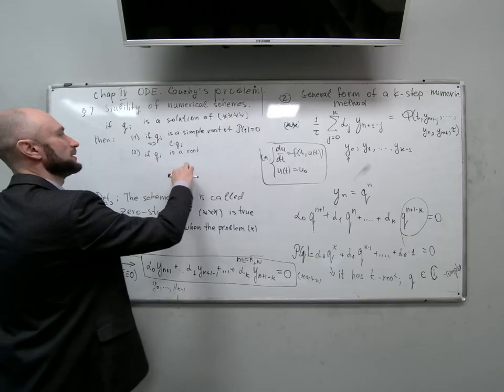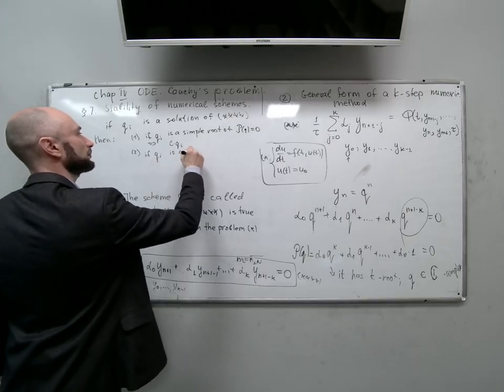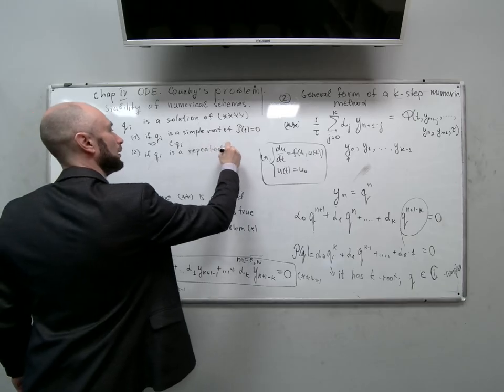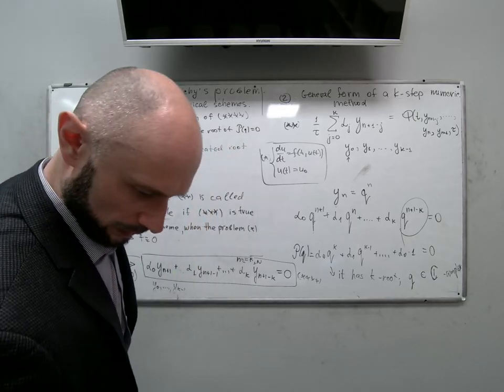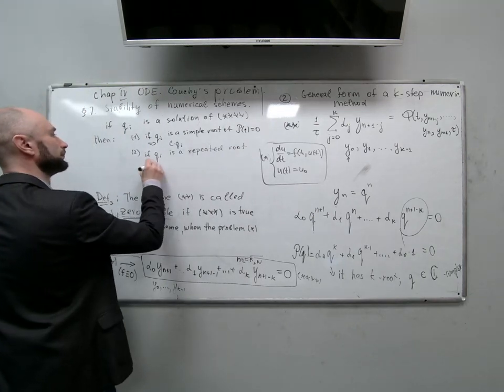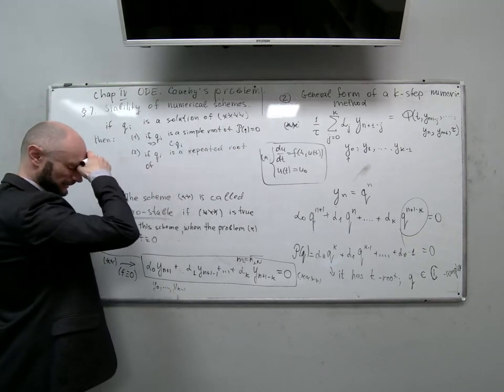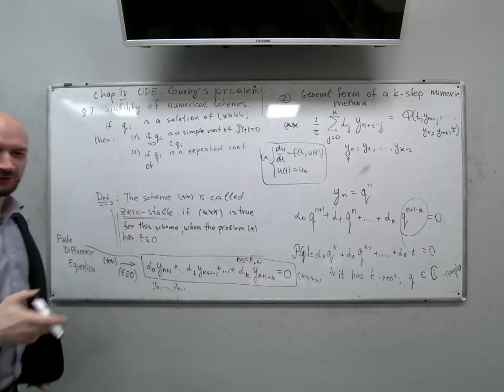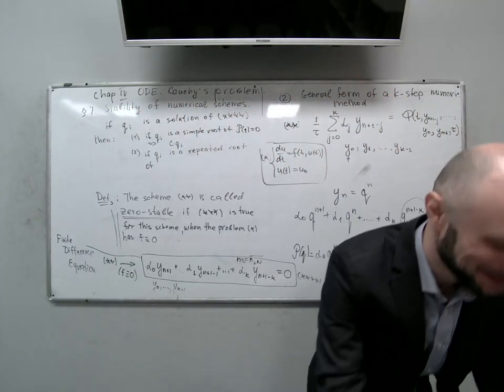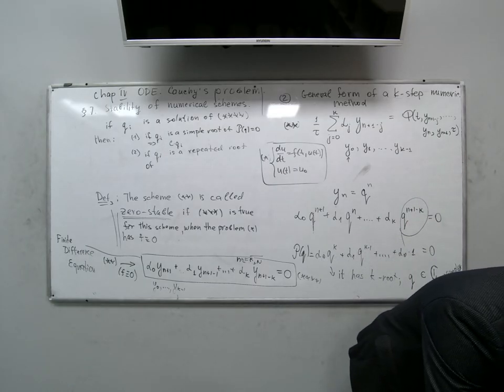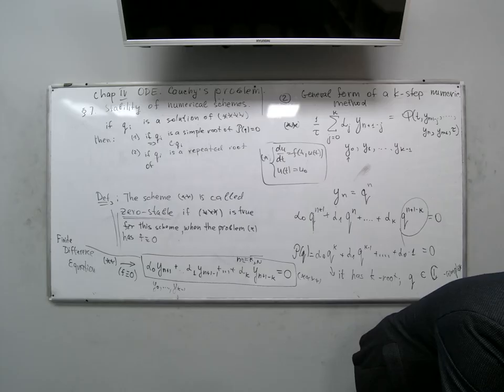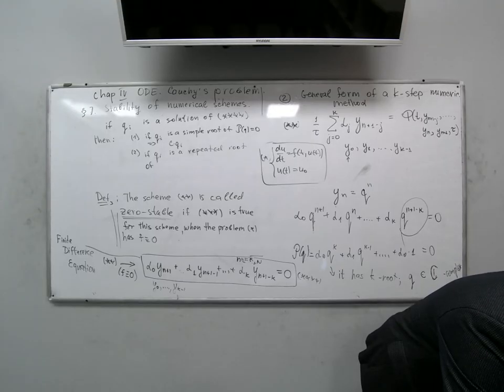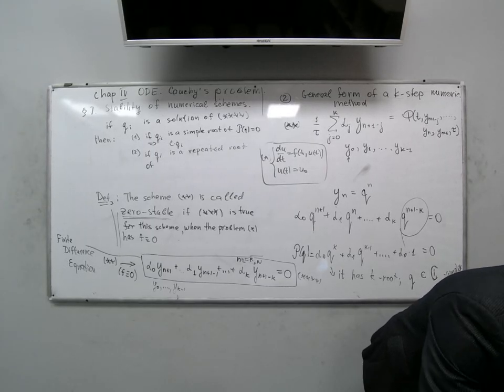So if q_i is a repeated root, I need the word for multiplicity. Let me check the term. Multiple root, just multiple root.